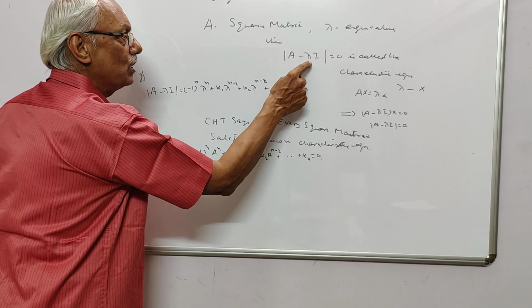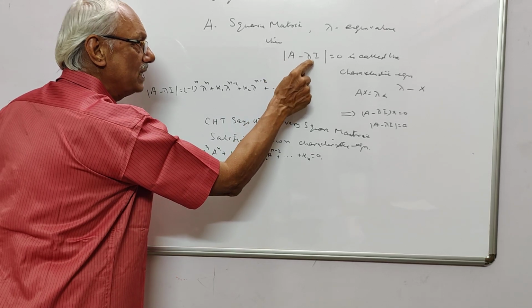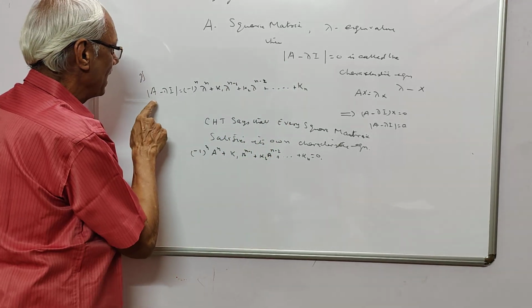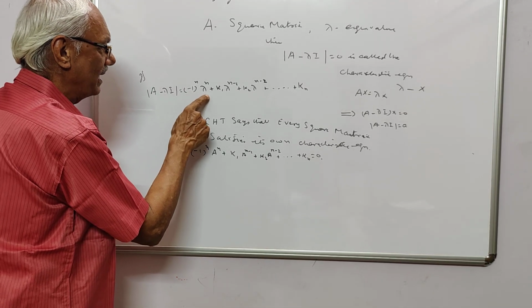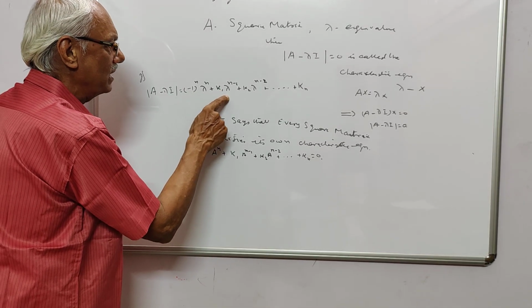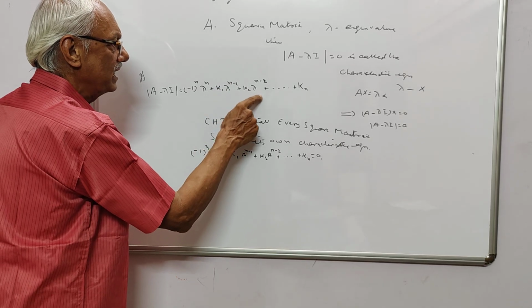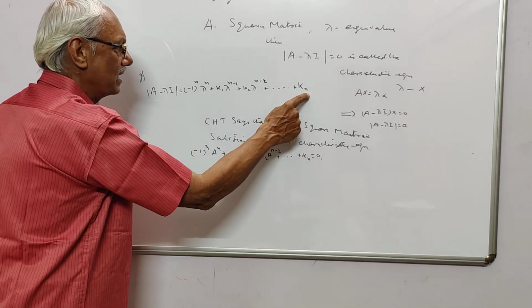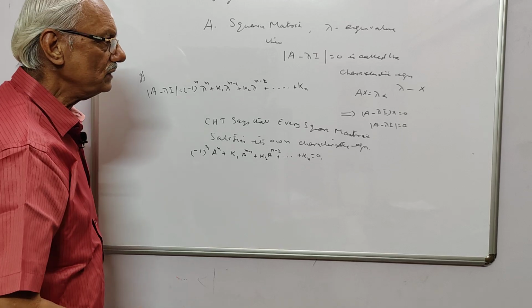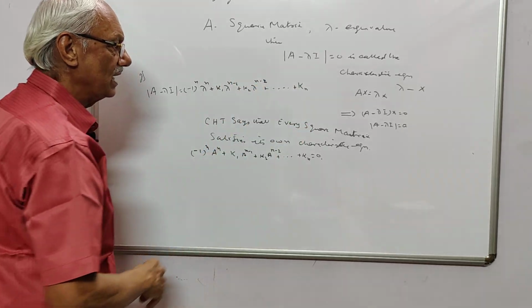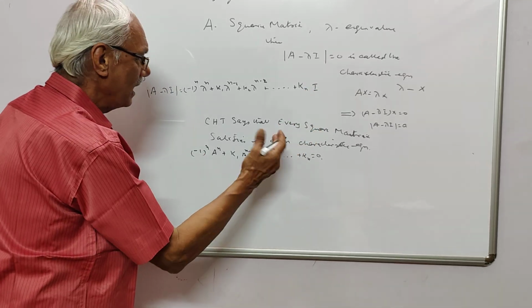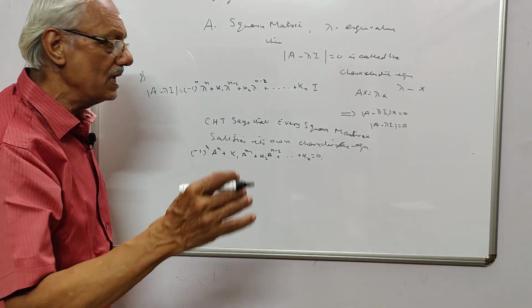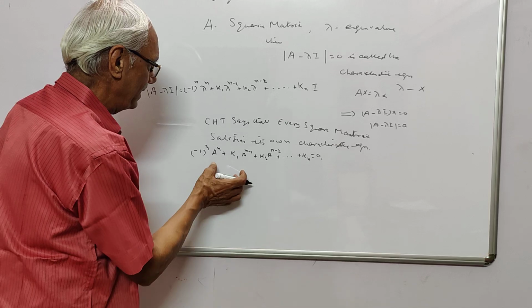Now the characteristic equation is the modulus of A minus lambda I, which is minus 1 to the power of n lambda to the power of n plus k1 lambda to the power of n minus 1 plus k2 lambda to the power of n minus 2, and the last one is a constant. This particular equation I will call A1. So this one will be satisfied by the given square matrix A.